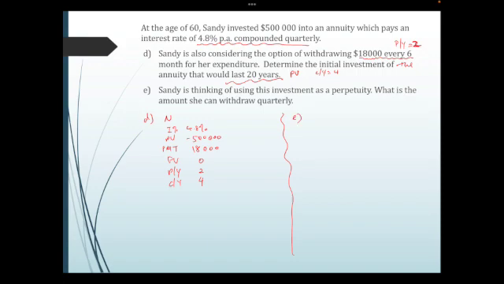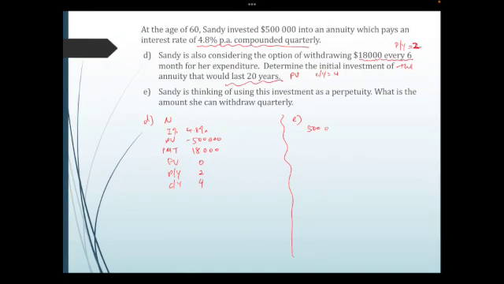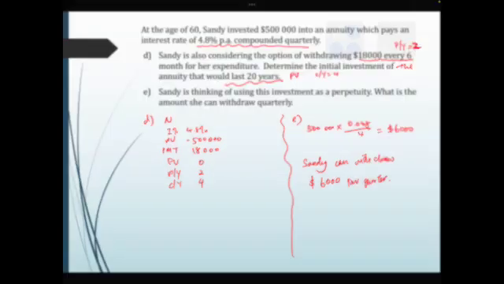And let's quickly look at part E. Part E, we now know we want just the interest, so it's 500,000 times 0.048 divided by 4, which is 6,000. So Sandy can withdraw 6,000 per quarter.